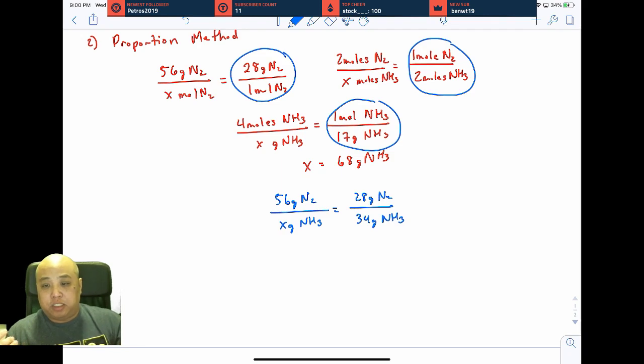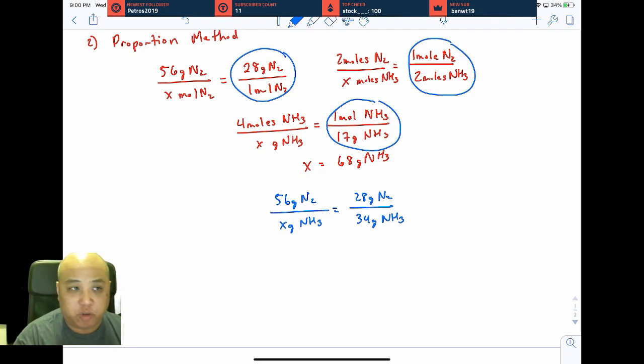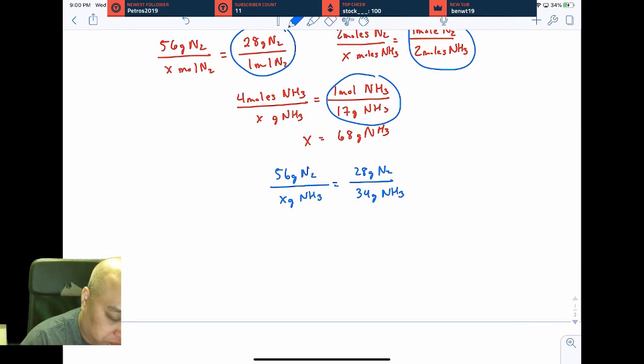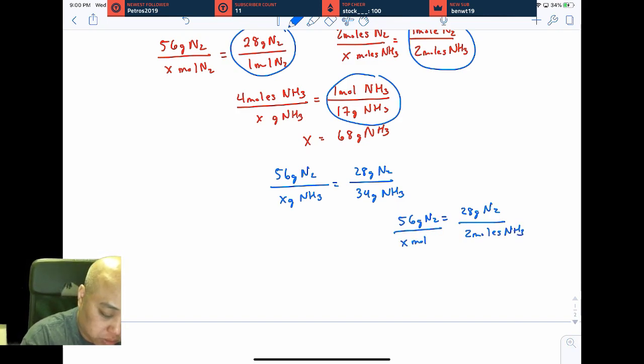Like, let's say you're going from grams to moles. Well, then you don't want the bottom to be grams, so you might write 56 grams of N2 is equal to 28 grams of N2 and then 2 moles of NH3, which then gets you to the moles of NH3.